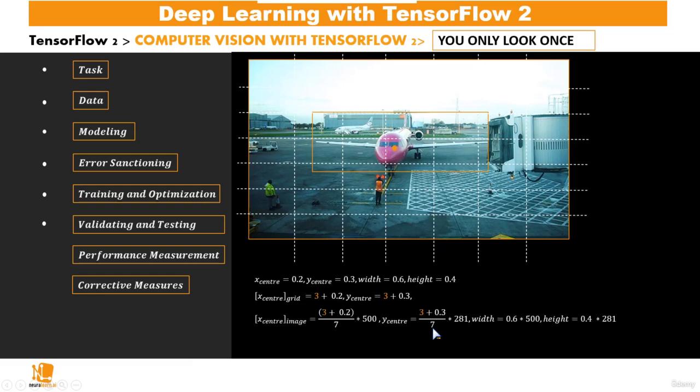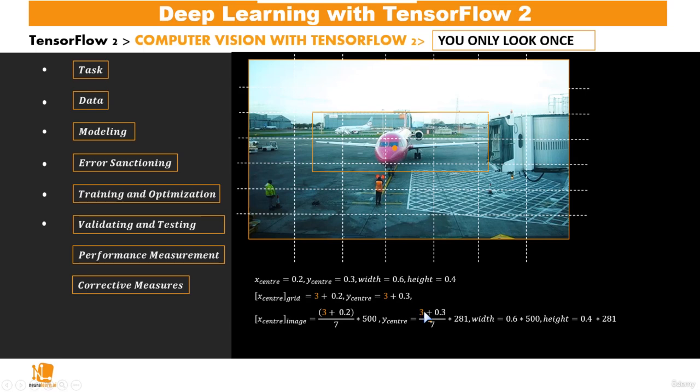Once we get that, we now convert from the grid coordinate system to the image coordinate system. To do that, we'll do the same transformation we had done previously, where we divide by the current coordinate system and multiply by the coordinate system we want to get to. So right here we have 3 plus 0.2, that's 3.2, divided by 7 times 500.